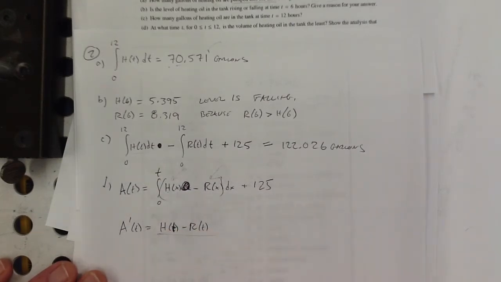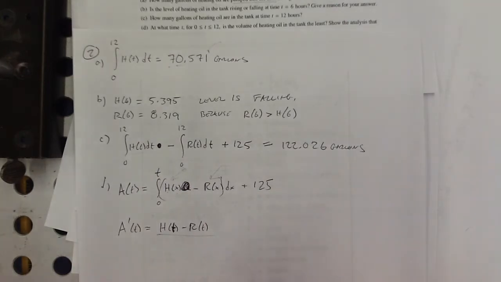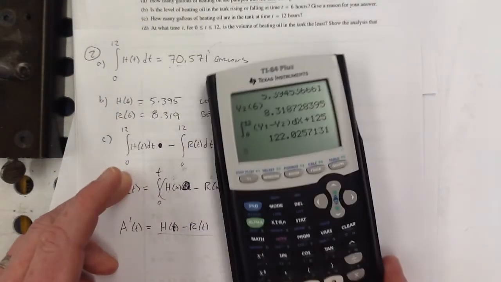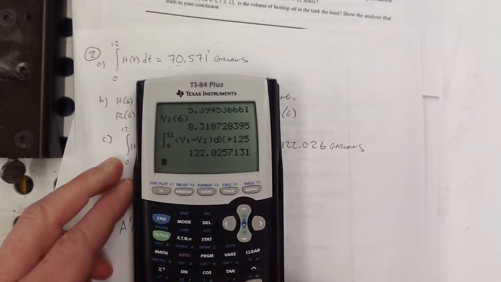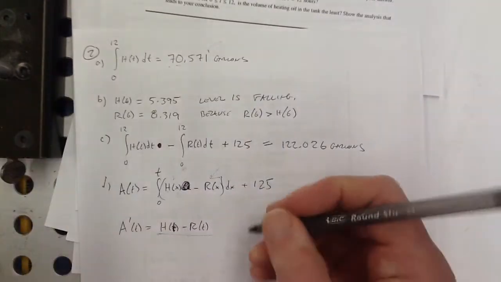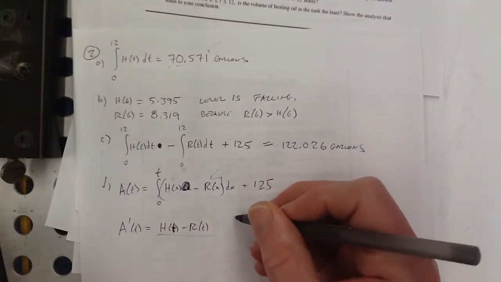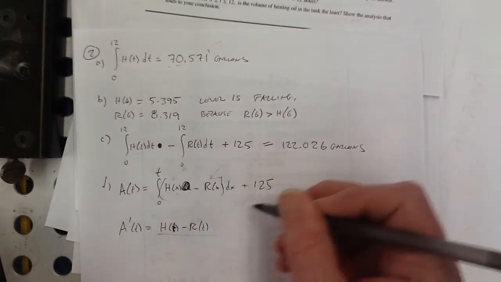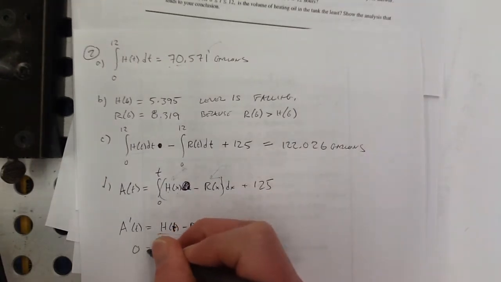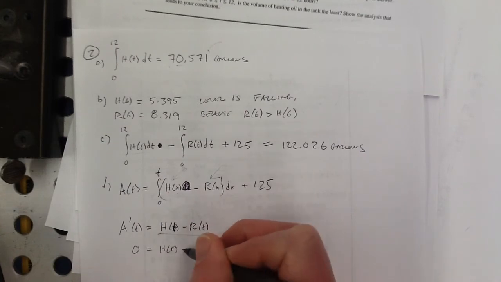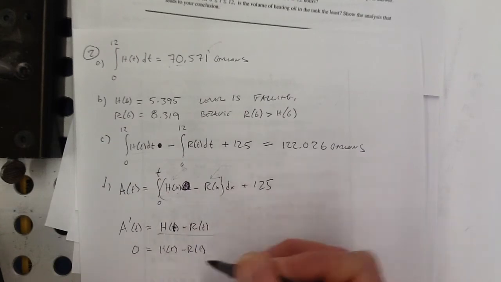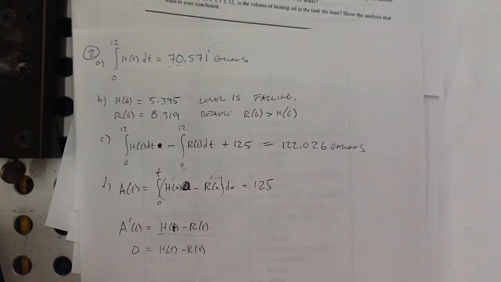So let's see what happens if we set those two equal to each other. Let me just finish writing this work here. So I set that equal to 0. Probably there's a point for setting them equal to each other, or having this equation, which is the same thing.